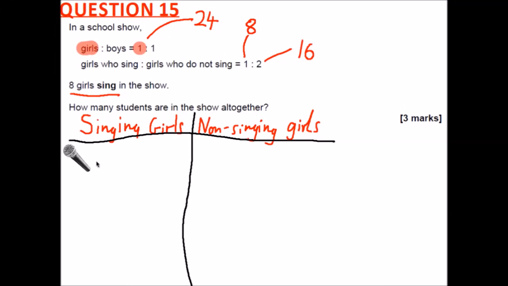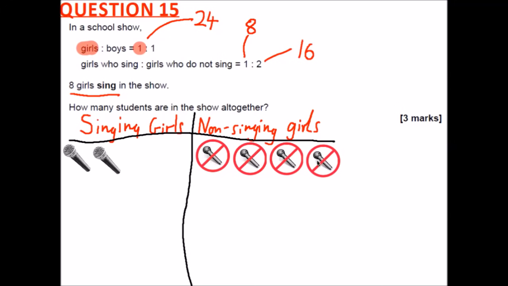For every 1 girl that does sing, we've got 2 girls that don't. So keep building this up until we have the 8 girls that do sing, as the question tells us. Another 1 that sings, add in another 2 that don't.